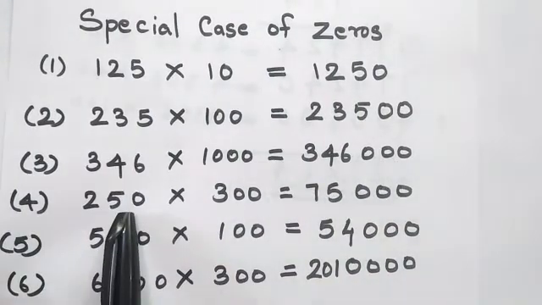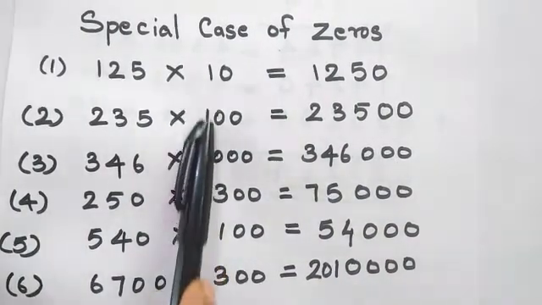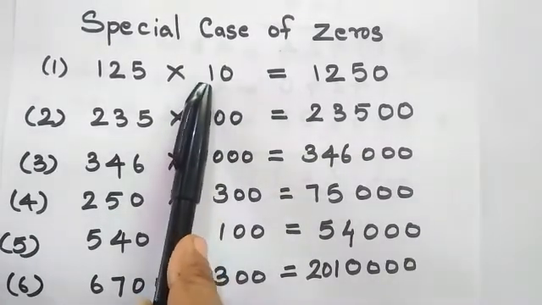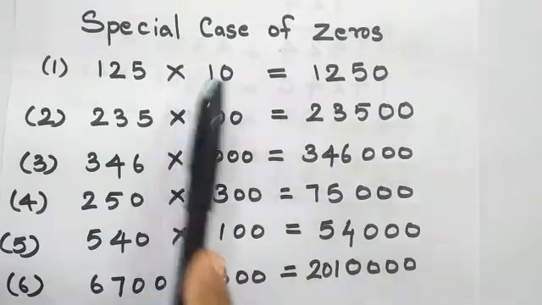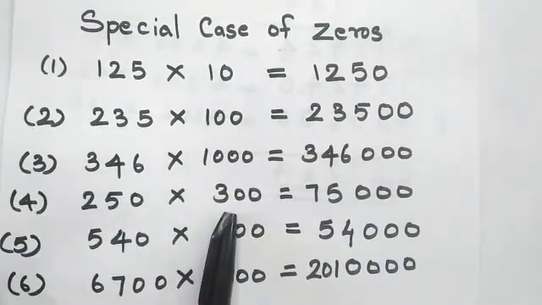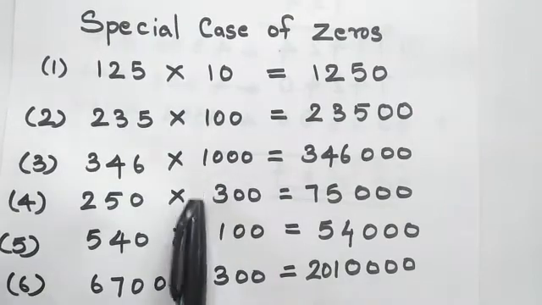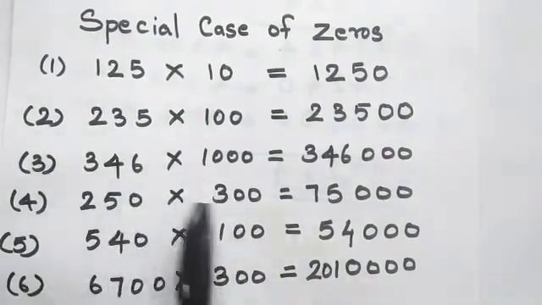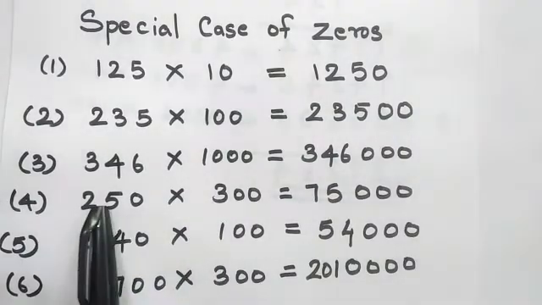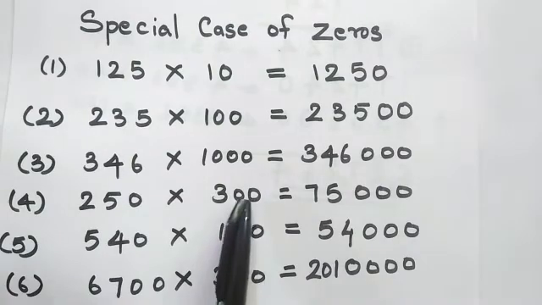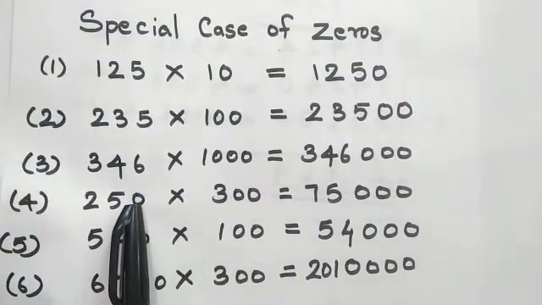Okay. Next, in all these 3 cases, zeros over 1 was there: 10, 100, 1000. But in the fourth question, here not 1. Here it is 3. So you multiply with this 3 here. How many zeros altogether in these two numbers? Here 1, 2 and here 1.